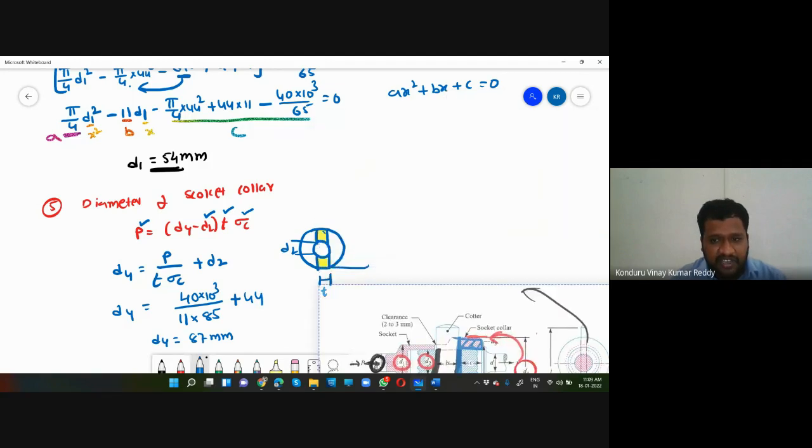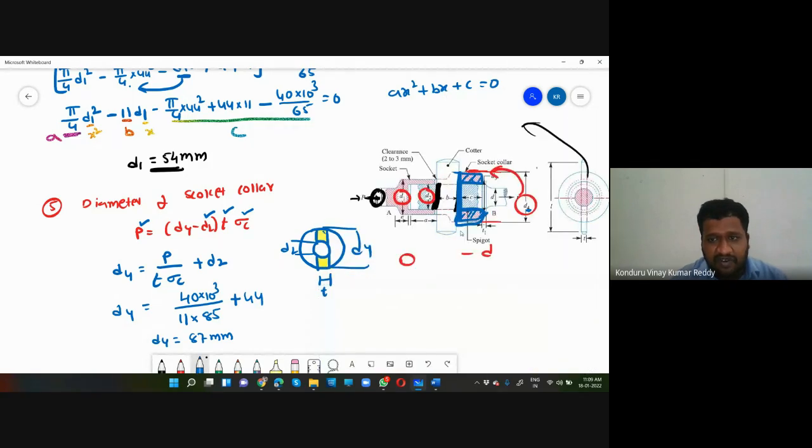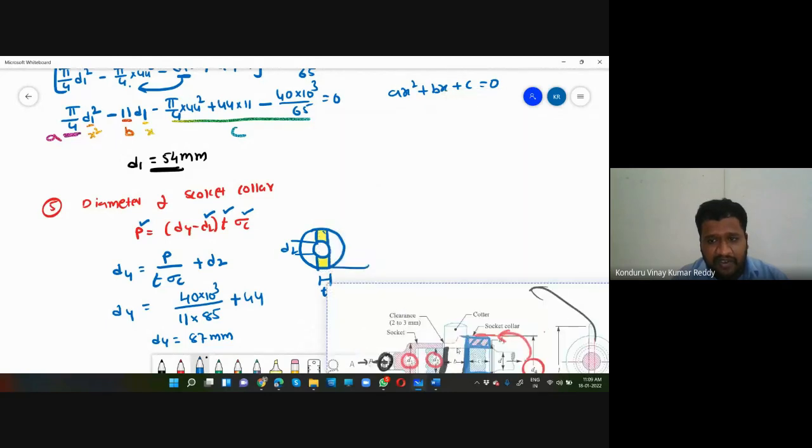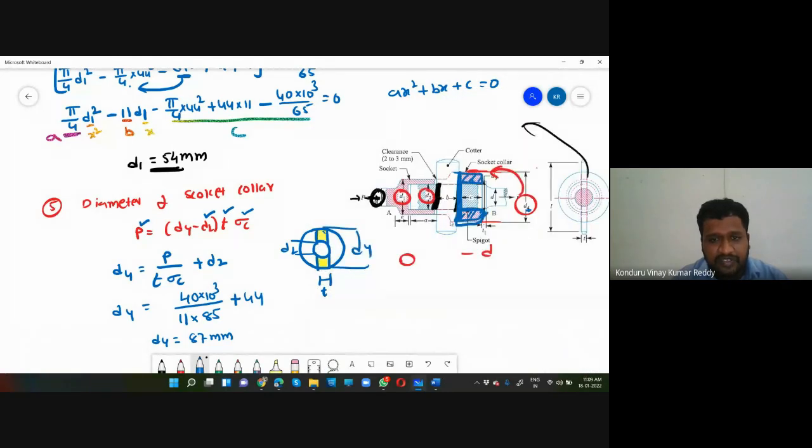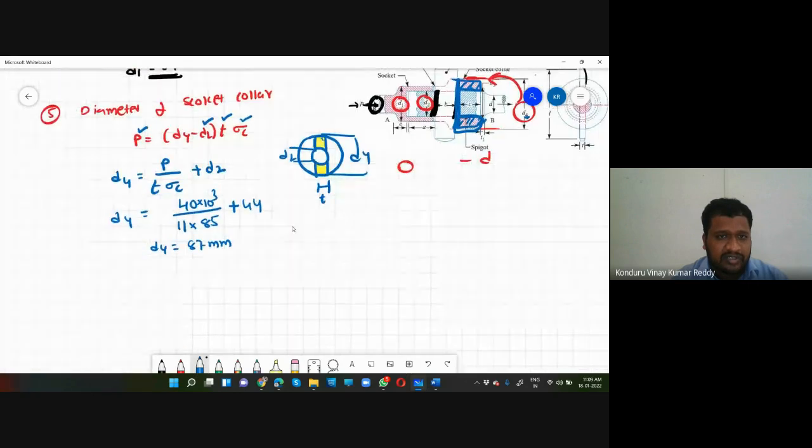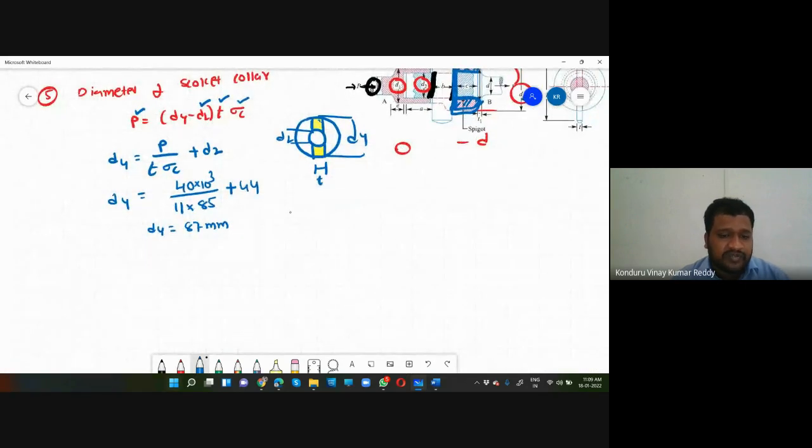Okay, from there we can find out this value also. Now, let us find out for the other components also, that is diameter of spigot collar, that is here, this one.